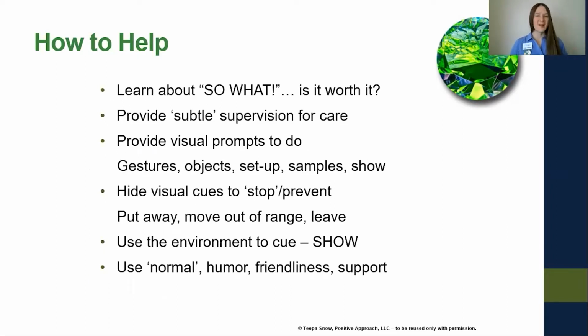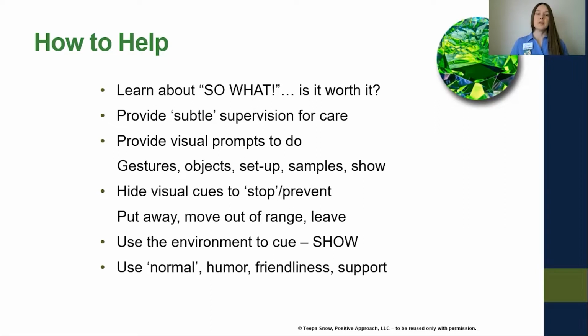But how do we help? Well, let's recognize, is it worth it for us to assert our effort to help? We want to be subtle in our supervision and the support that we offer in care. We want to use lots of visual prompts: gestures, objects, visual setup, cues, samples, and showing.